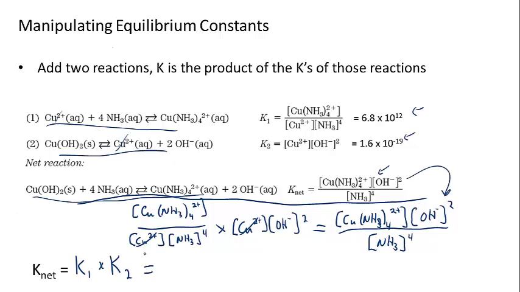And so the resultant K is, in fact, the product of those two. That comes out to 1.1 times 10 to the minus 6. And that ends our introduction to equilibrium and equilibrium constant expressions.